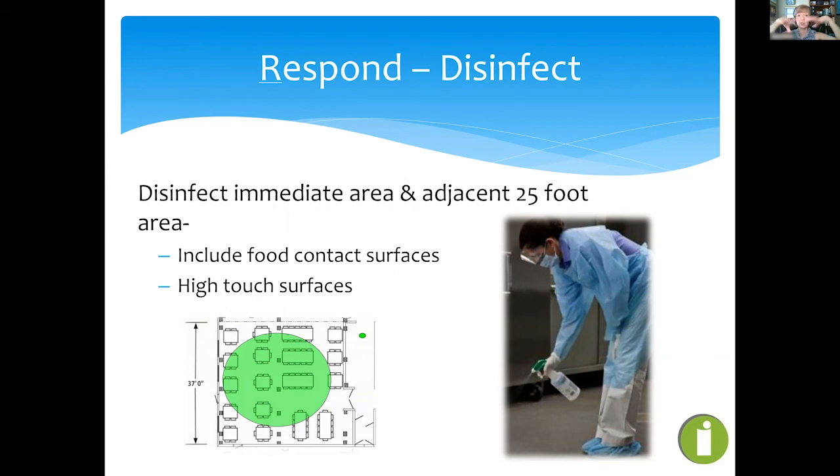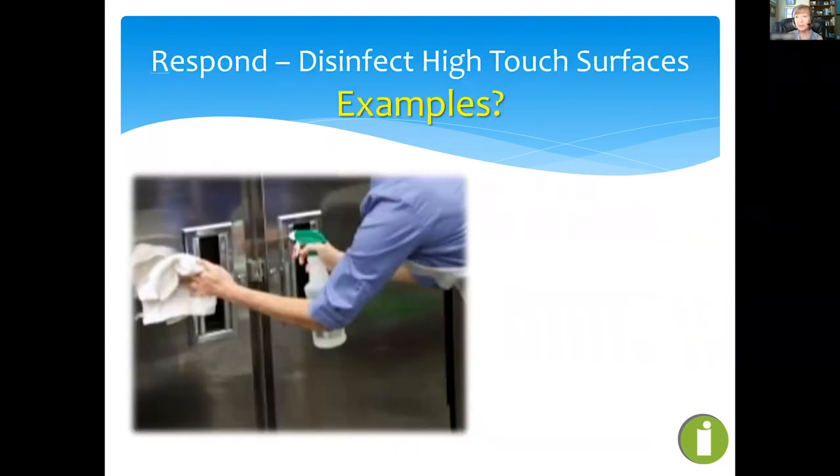So we want to spray all of that area with our chemical and make sure that you're including those high touch surfaces that we will talk about in just a minute. So high touch surfaces, everything around is sprayed with that. So speaking of that, let's talk about high touch surfaces. I gave a couple of examples earlier, but if you want to open your mic or use the chat box, what are some other surfaces that are touched a lot in your kitchens?